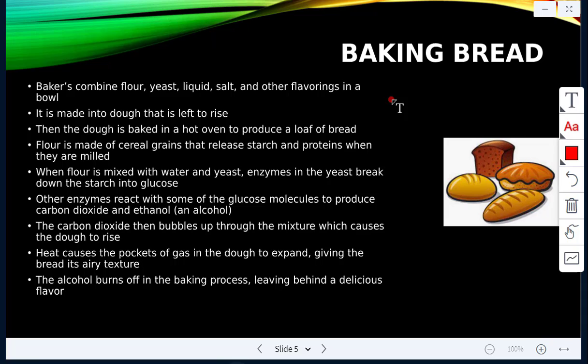The carbon dioxide is the gas that's going to bubble up and cause the dough to rise. When it gets heated, pockets of gas in the dough expand, and that gives the bread an airy texture. The alcohol that was a byproduct will burn off during the baking process, but it leaves behind delicious flavor.